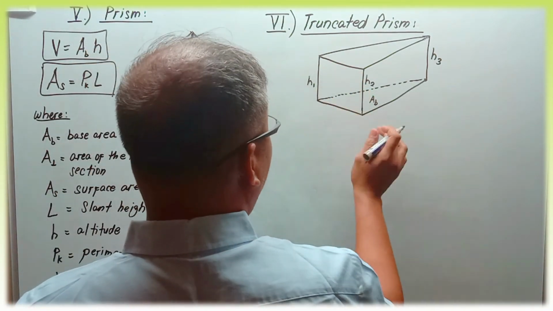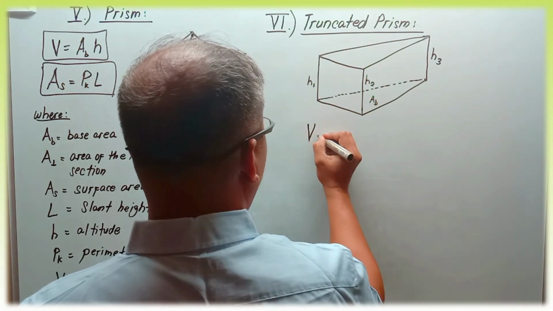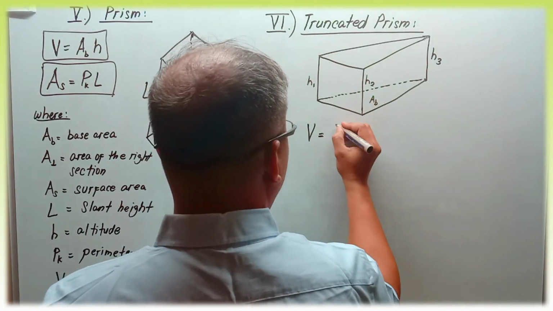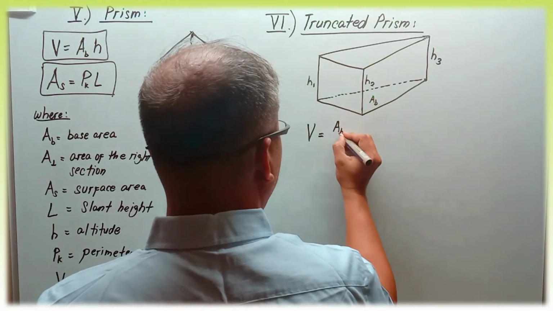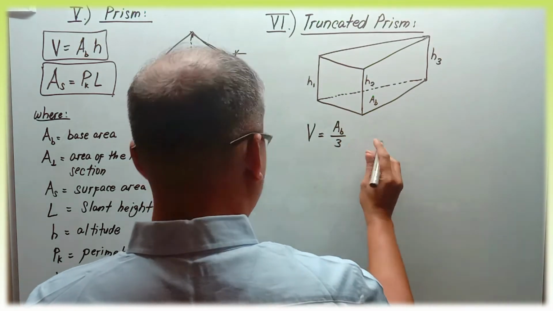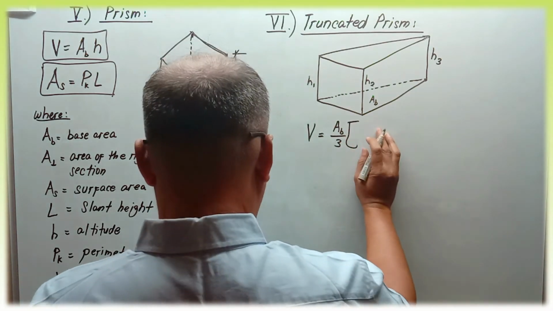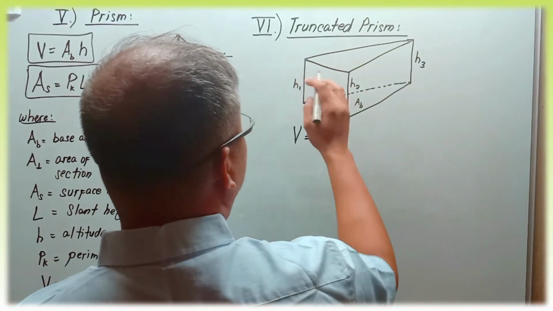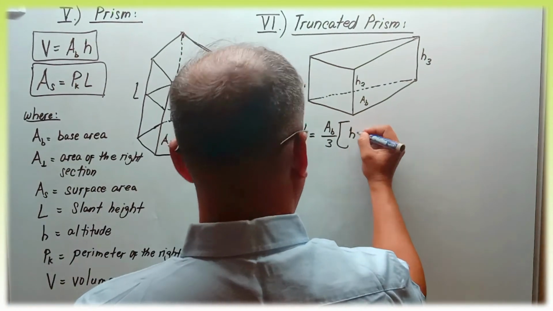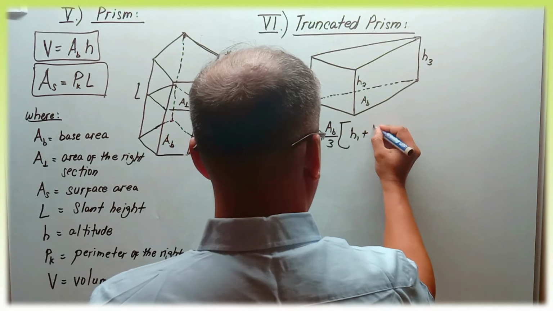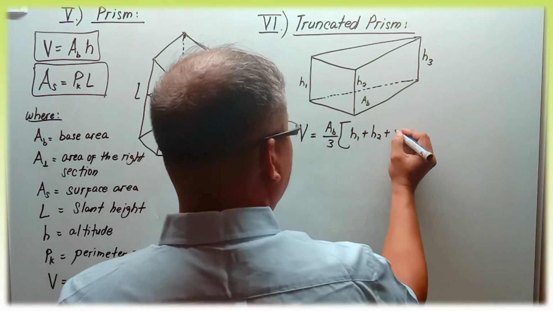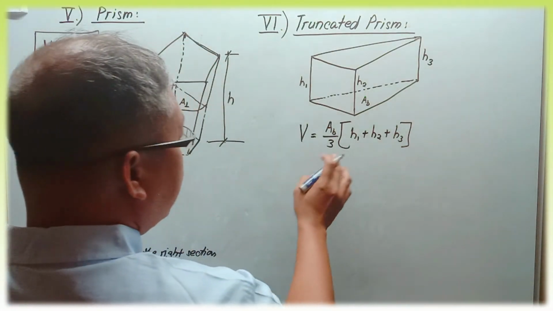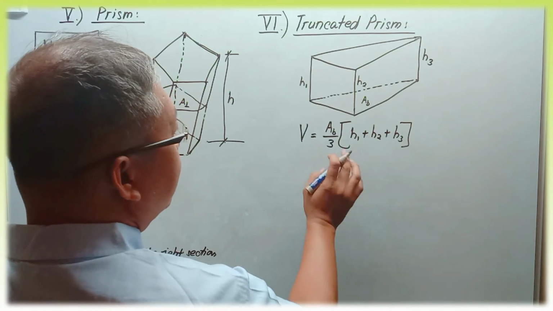The equation for the volume, V is equal to the area of the base, or A_B, over 3, times the summation of all the vertical heights, so h1 plus h2 plus h3. So this is the basic equation for how to solve the volume of a truncated prism.